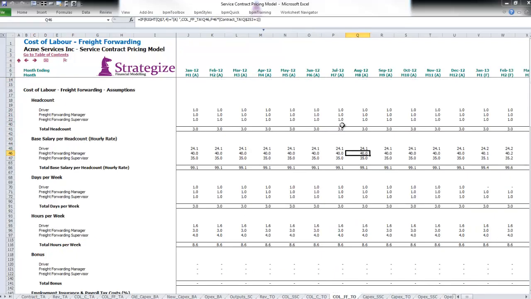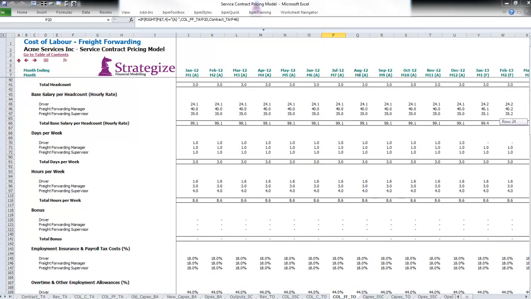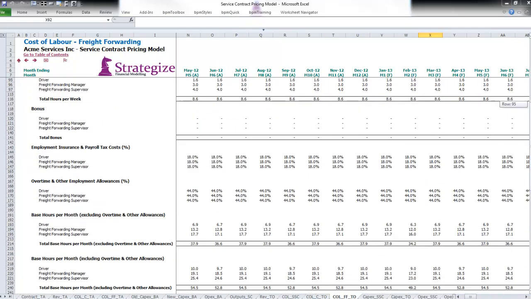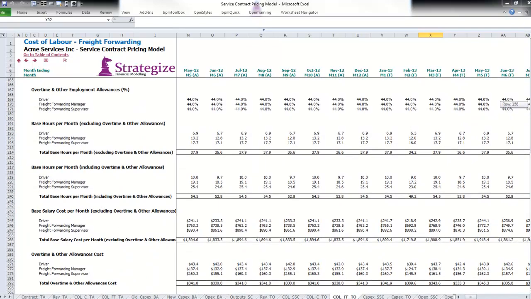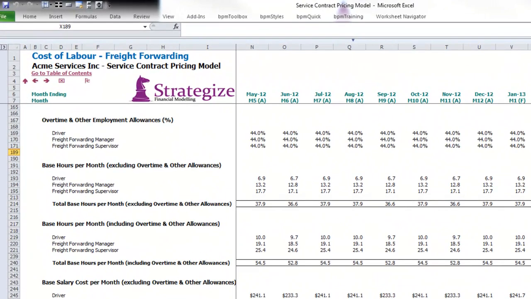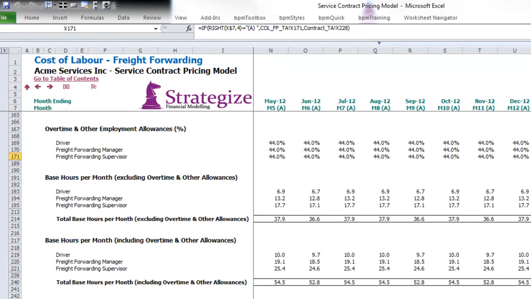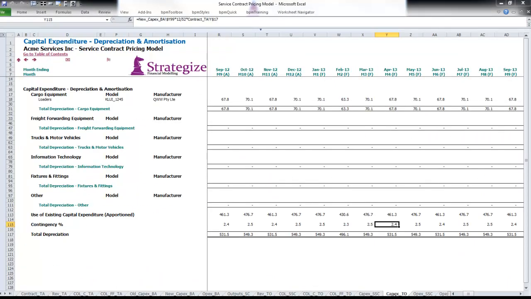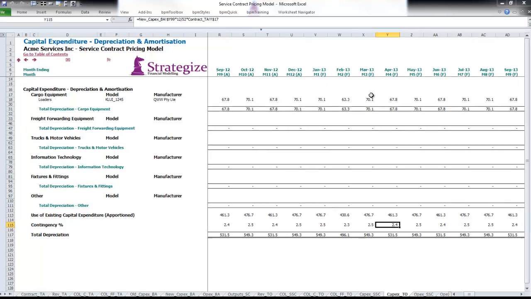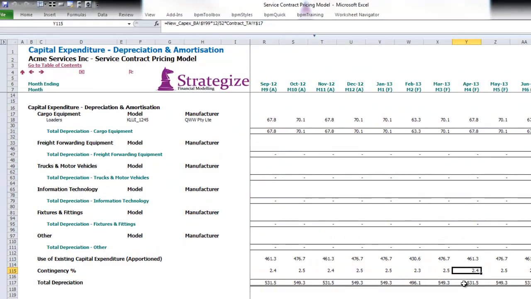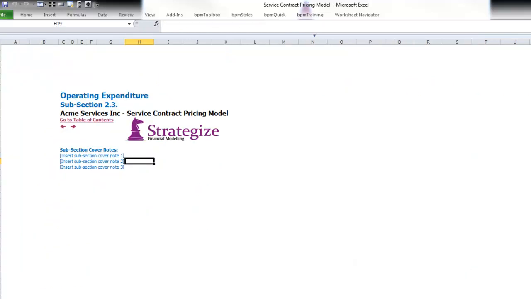Similarly here with the freight forwarding, it's important to fully account for and forecast all your labour costs, and also obviously account for other indirect costs such as overtime and other statutory labour requirements. Similarly with capex, we're going to take a contingency on our existing capex. That'll also filter through into depreciation.